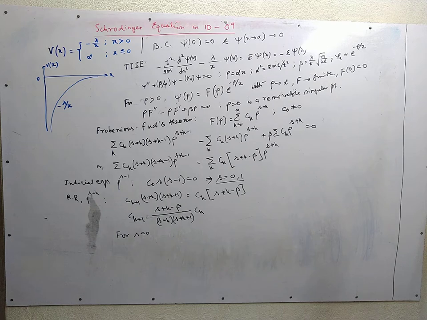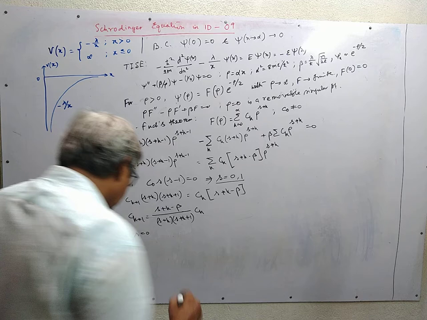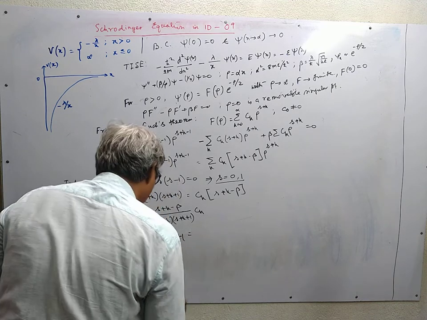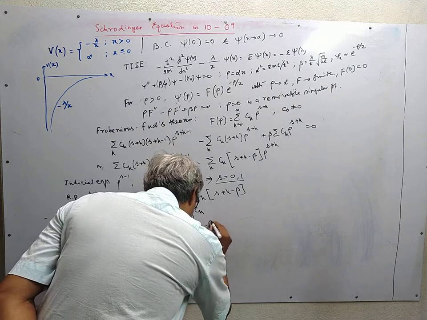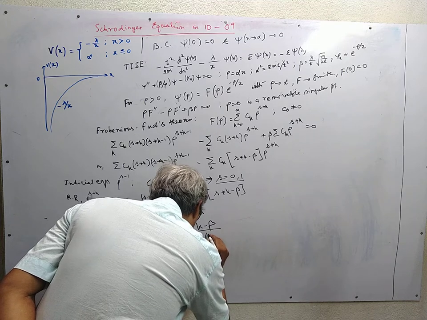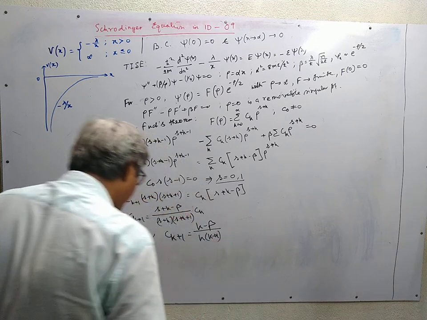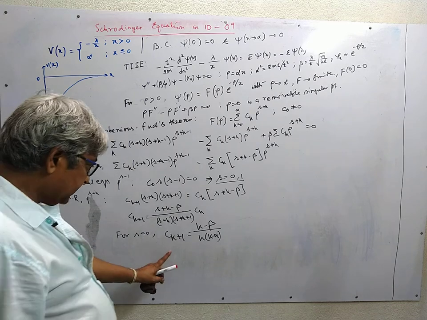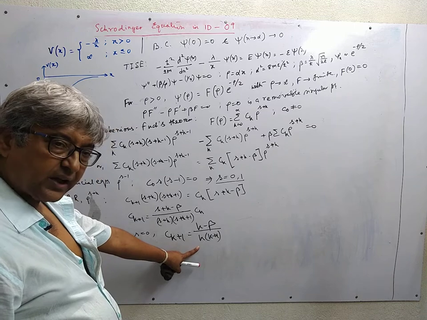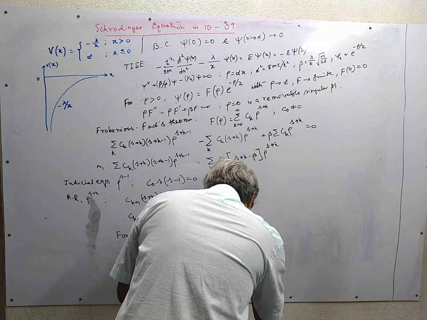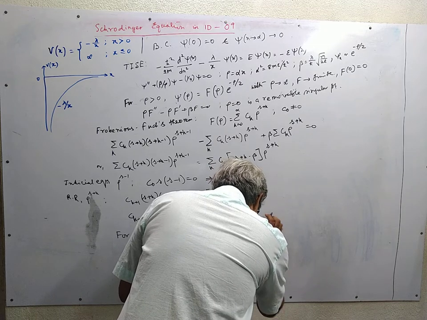Let me check first. Yes. For s is equal to 0, we have ck plus 1 is equal to k minus beta by k times k plus 1. If you want to find out C1, for determination of C1, you have to put k is equal to 0. So this C1 is not obtained. C1 cannot be obtained.